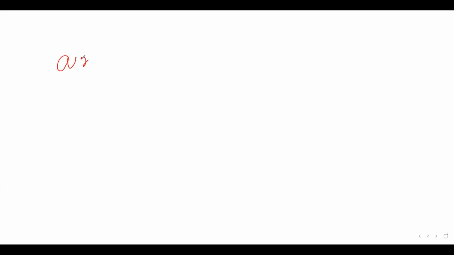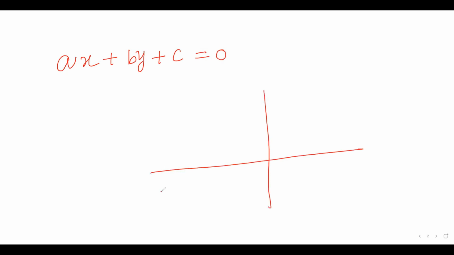When you draw the graph of any linear equation, the graph will be a straight line. In 9th class, you have drawn the graphs of linear equations, taking different solutions of the equation, plotting the points.